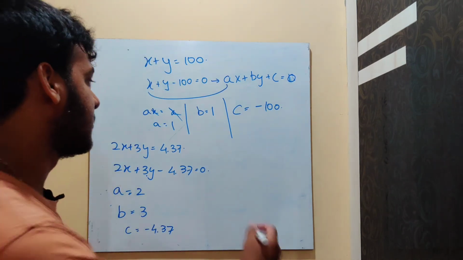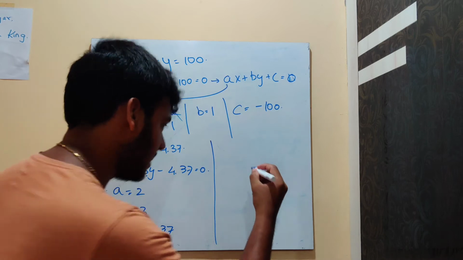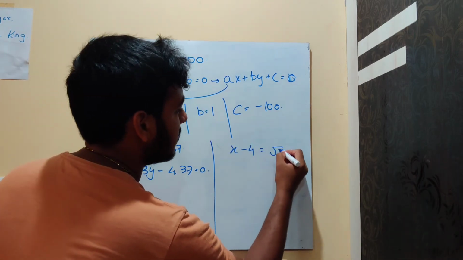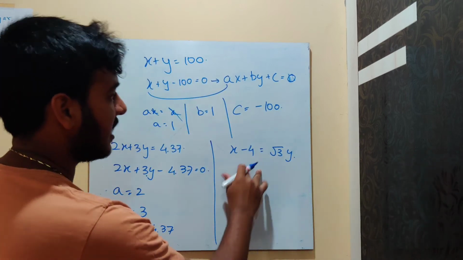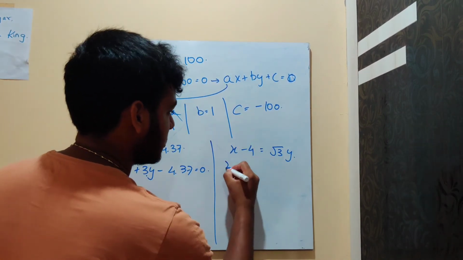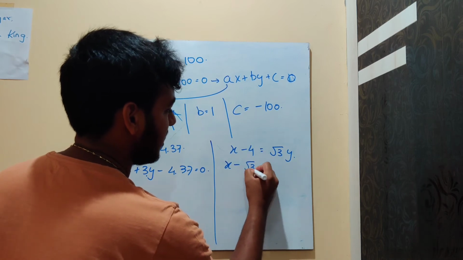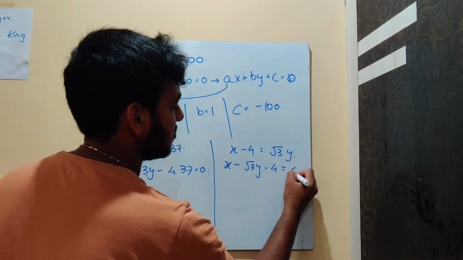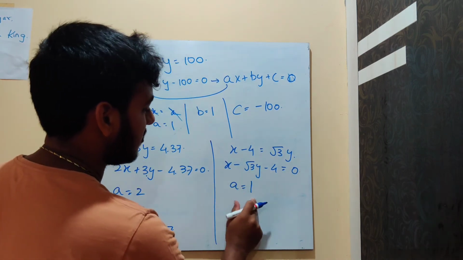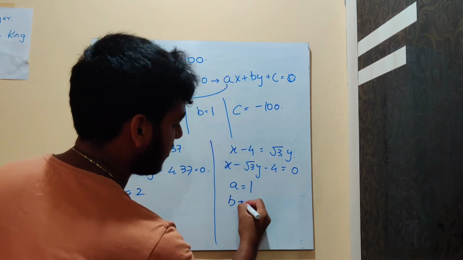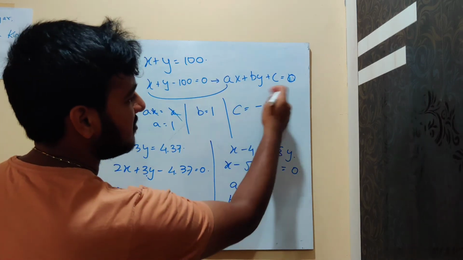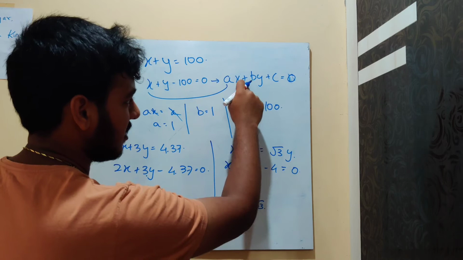I'll take another example. I have the equation x minus 4 equal to root 3 y. I have to get it in this form, so I'll take root 3 y this side. So x minus root 3 y minus 4 equal to 0. From here I can get a equal to 1. For b, the form is ax plus by plus c, so plus is there over here.